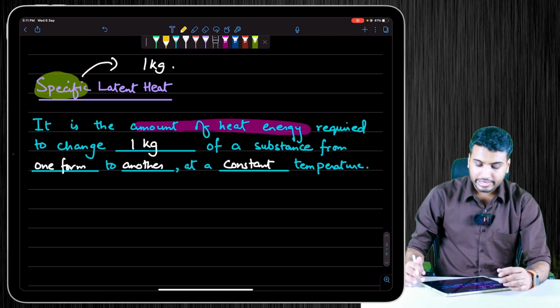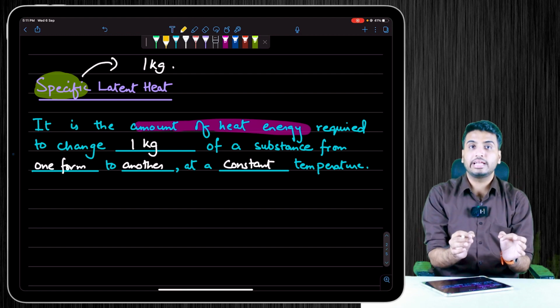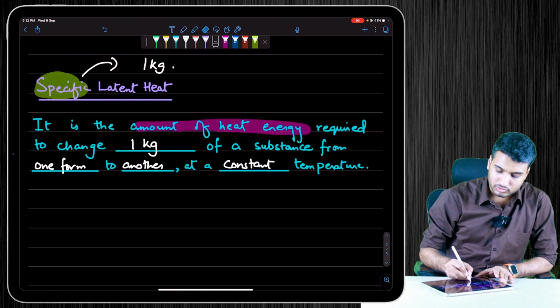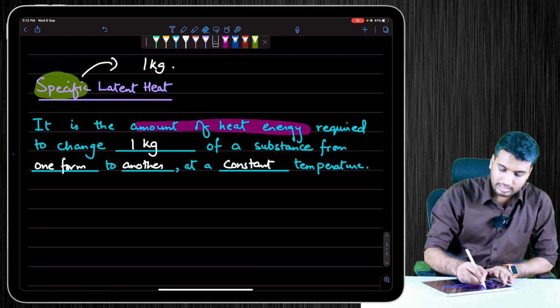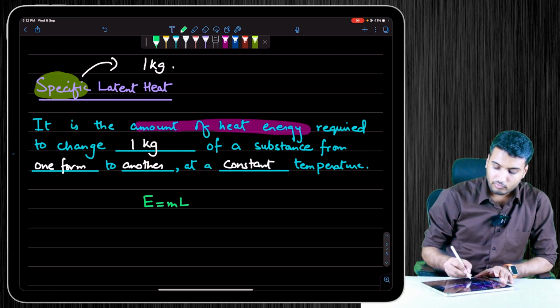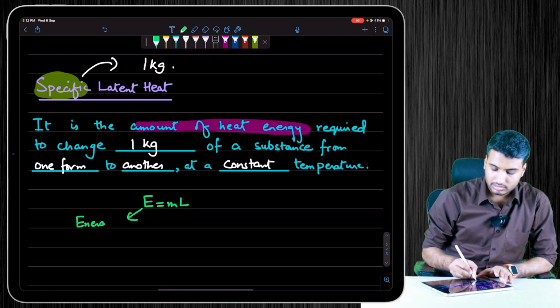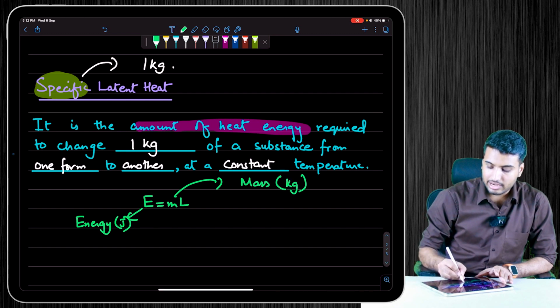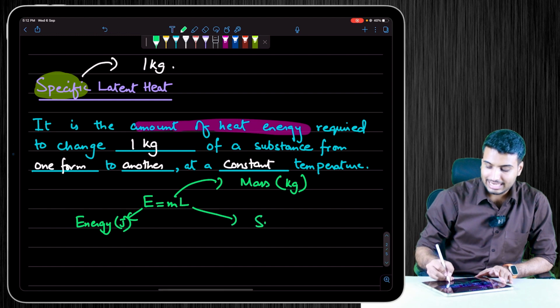Alright, in order to calculate specific latent heat, the formula is E equals ml, where E represents energy, which is measured in joules, m represents mass measured in kgs, and L represents specific latent heat.